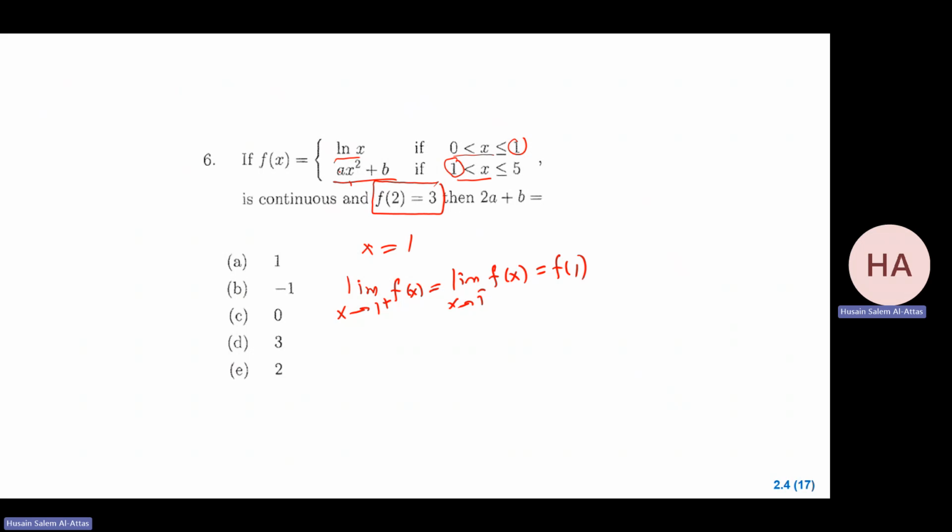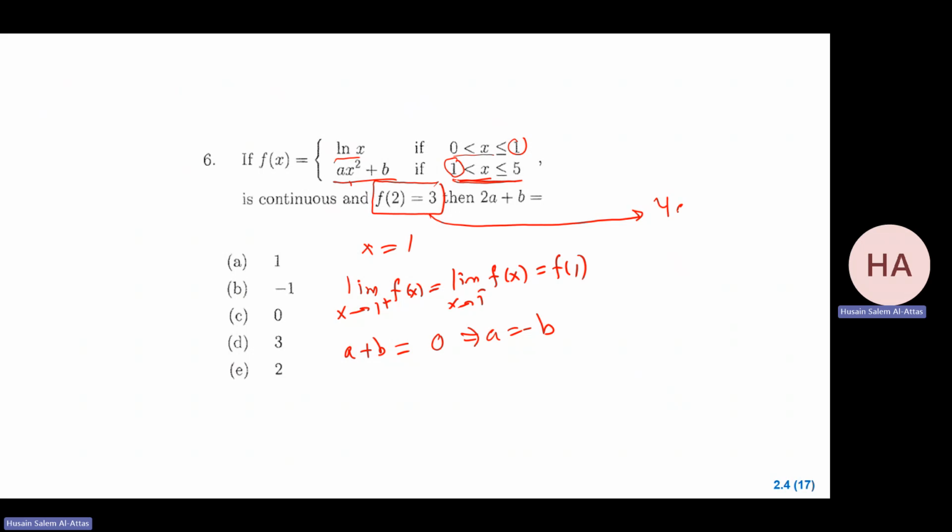From right, I'm here, just substitute, you have a plus b. From left, I am there, then ln 1, which is 0. And f of 1 equals 0, actually. So I have a equals minus b. I have only one equation. From where do I get the second equation? I'm getting it from here. f of 2 means I substitute here.